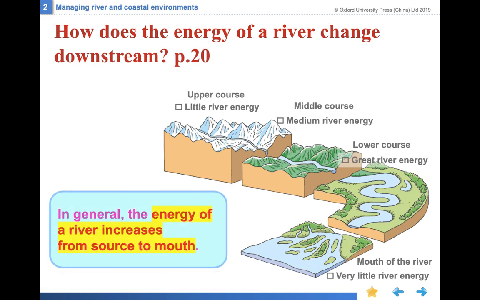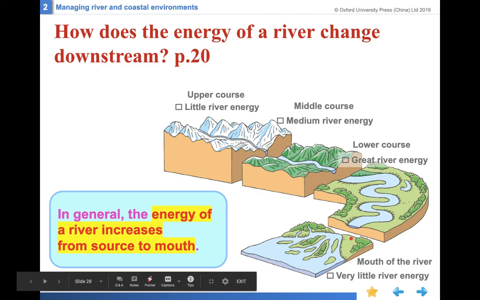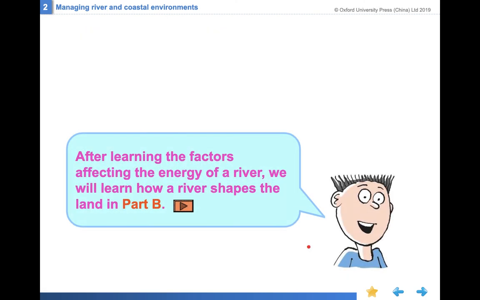So in general, the energy of the river increases from the source to the lower course, towards the mouth side. So we will learn more in the next section of this chapter about how the energy of the river will shape the land of the different courses.